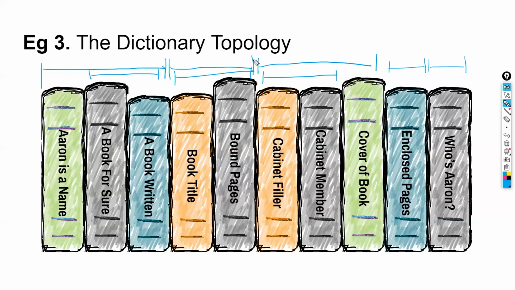So the idea behind the dictionary topology is to actually consider these sort of intervals of books to be the open sets. The way that you want to think about the dictionary topology in general is that it's a topology on the blob of all words.